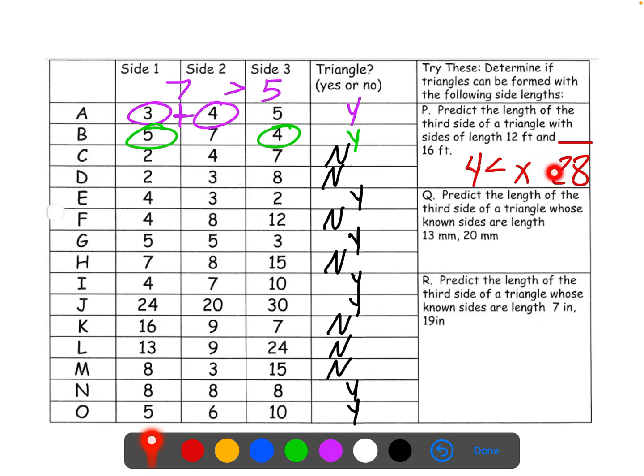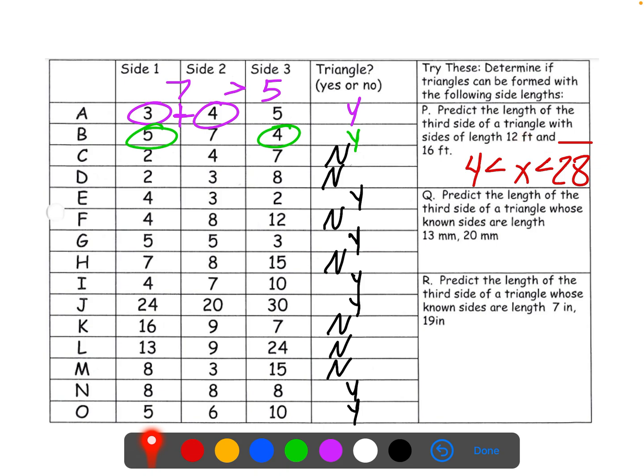So we need to stay under that. We need to write an inequality like this. We're basically saying that our side of our triangle must be greater than 4. That would make 16 the longest side. And it must remain less than 28, because it couldn't be 28. It's got to be less than 28 to still create a triangle with these two side lengths.